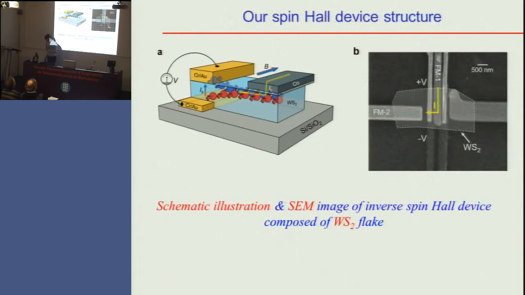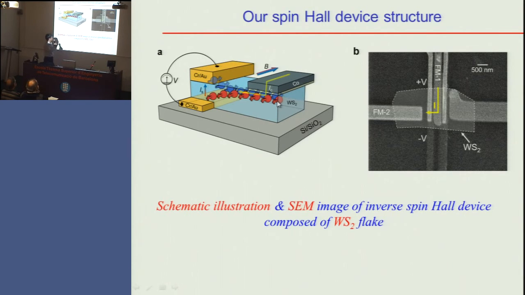And the important thing here is, what about 2D materials? If you have a 2D material, for example, I chose tungsten disulfide, WS2, one of the representative two-dimensional materials, TMDs. So spins are injected this way.